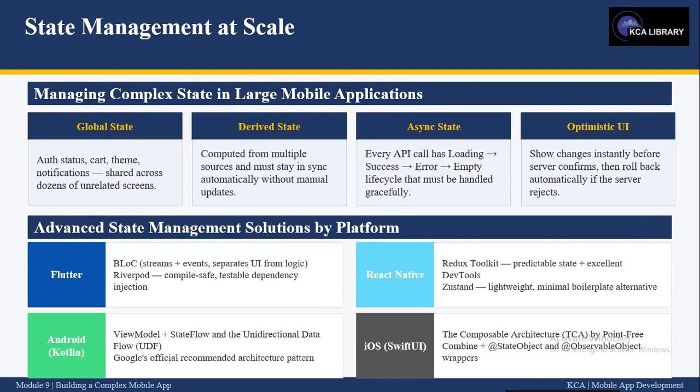Derived state is computed from multiple sources and must stay in synchronization automatically without manual updates. Asynchronous state: every API call goes from loading, to success, to error, to empty, a lifecycle that must be handled gracefully. Optimistic UI shows changes instantly before the server confirms, then rolls back automatically if the server rejects.